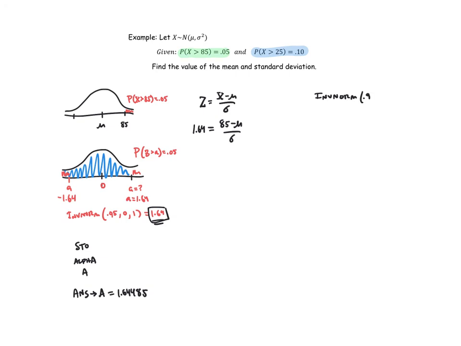I'm going to go 0.9, 0, and 1, and I'm going to figure out what the z-score, or the z value, will be. Okay, so let's do that. Inverse norm, 0.9, 0, 1. And I'm going to store this as b.